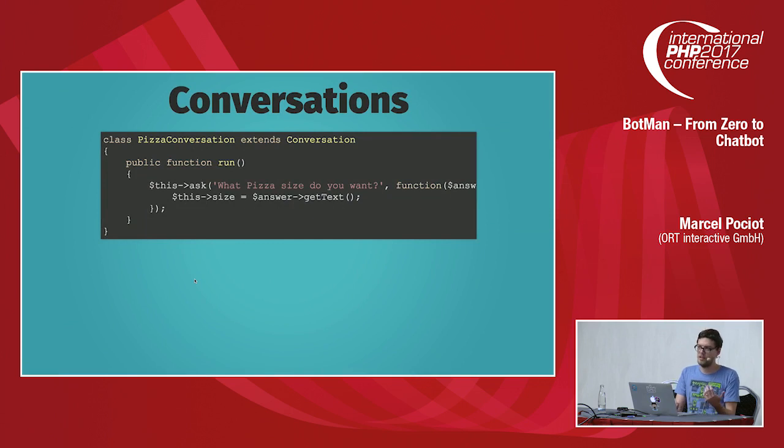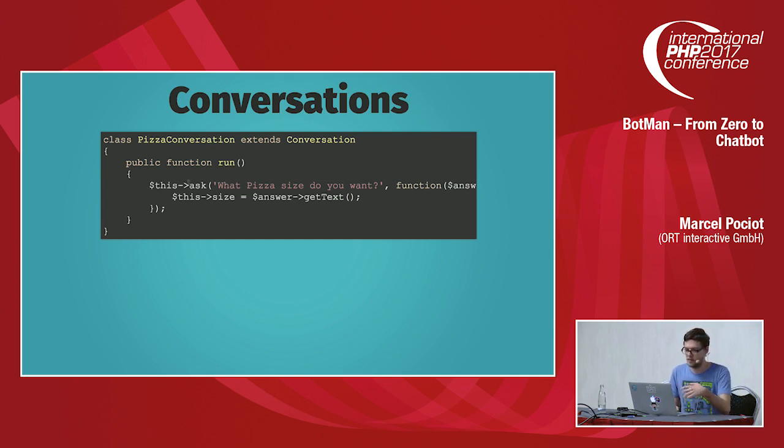Now, with the pizza conversation, this isn't as simple as just one question, because you might have multiple questions that you want to ask. So there is a conversation object that you can use and extend on. It's an abstract class. And then you can just build your conversation classes that you could reuse throughout your chatbot application.